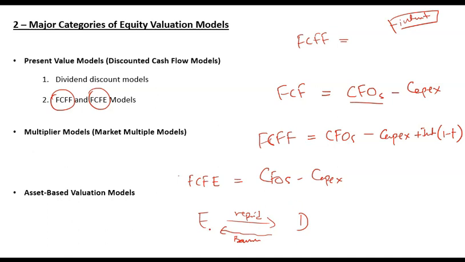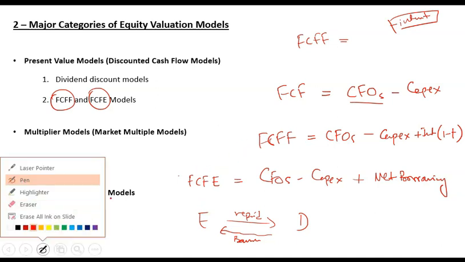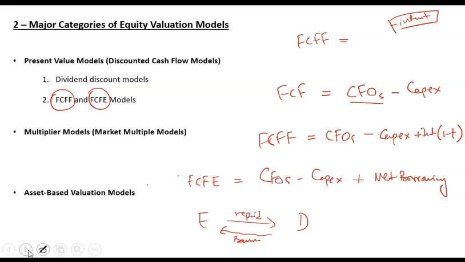That means any borrowing is an inflow for equity and any payment is an outflow for the equity holder. So you will add borrowing and subtract repayment, which means adding net borrowing. This is how you calculate FCFE, and this is the difference between FCFF and FCFE.